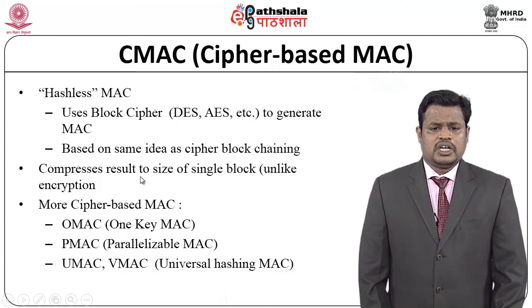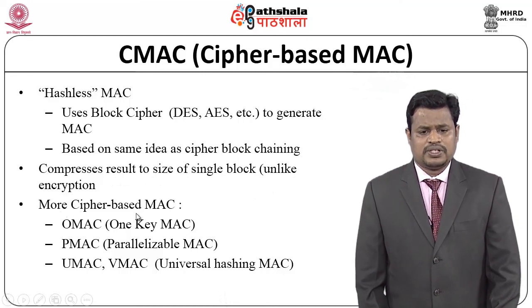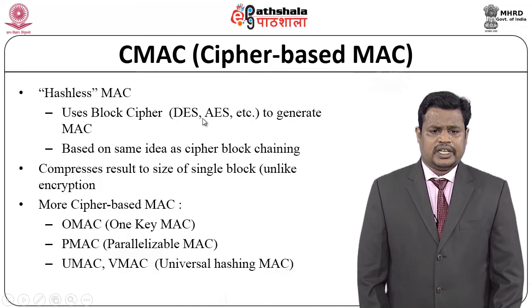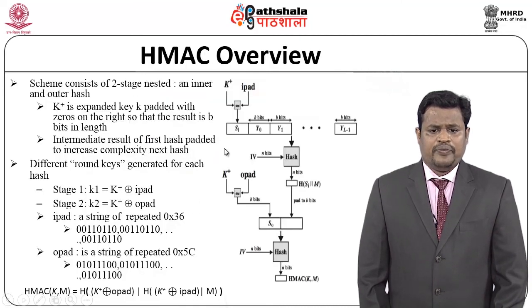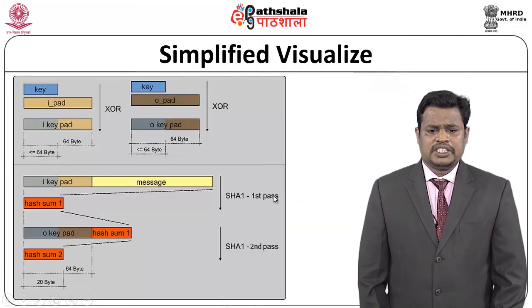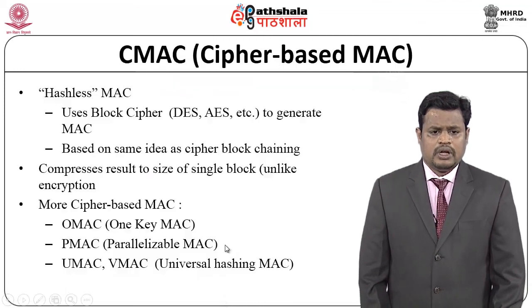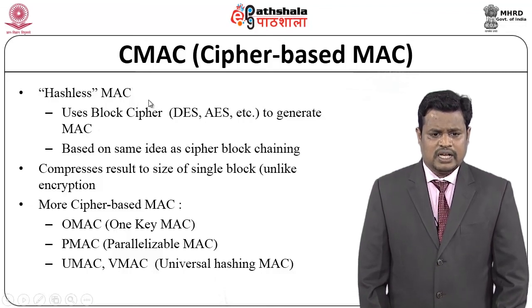It compresses the result to the size of a single block. So unlike encryption, where we have many cipher blocks, here we get a single block as the message authentication code. We are not using any hashing technique. Earlier, in HMAC, we used, for example, SHA, which is one of the hashing techniques, but in this case we are using the hashless MAC.